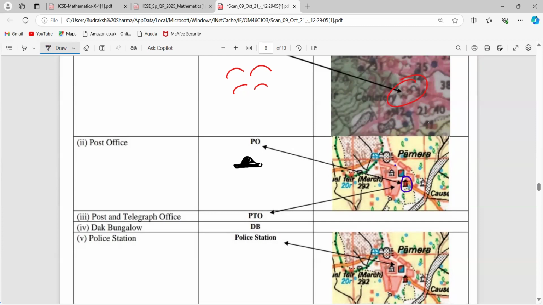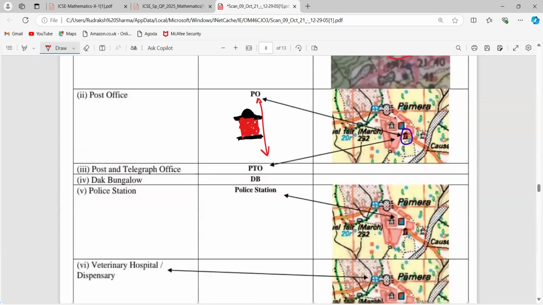Something hat-like or cap-like. And below there will also be a base in black color. And then in between you will have a red rectangle. So this will be your post office. And this symbol is the same for post office as well as for post and telegraph office.